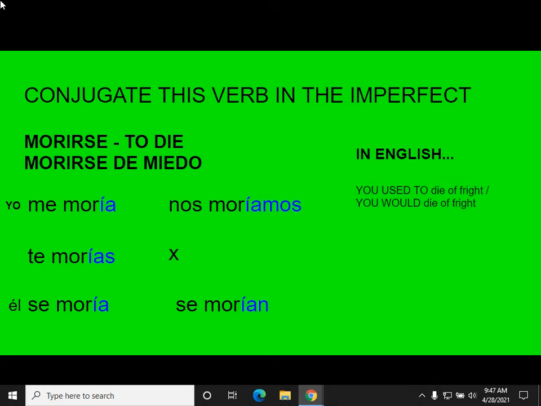Literally it says to die of fright, but we're talking about the phrase to be scared to death. If I said ella se moría de miedo, she used to be scared to death or she would be scared to death. And the last one, nosotros nos moríamos de miedo, we would be scared to death or we would die of fright, okay? That phrase die of fright is what it literally means. We're using the be scared to death.